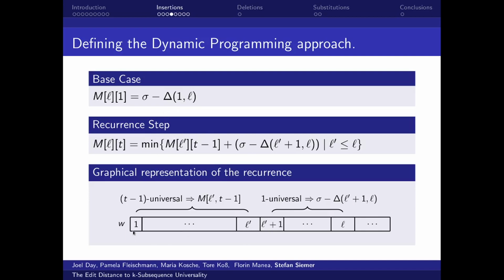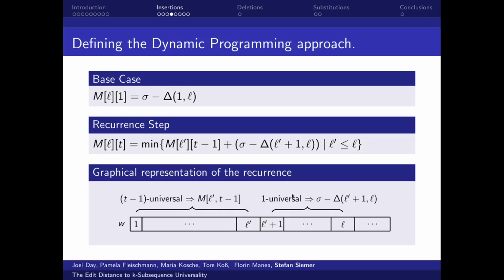Basically we have some t-1 universal prefix, and we want to have a one-universal tail, such that we get a t-universal word overall up to position L. So for the prefix 1 to L, we calculate the optimal prefix up to L prime, such that up to L prime we have a t-1 universal word, and from that onward a one-universal word.